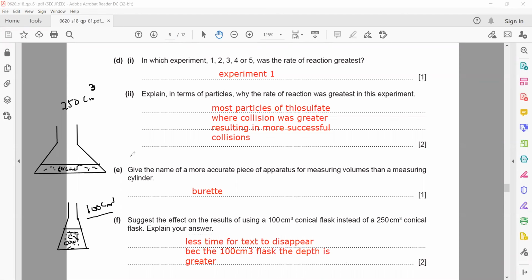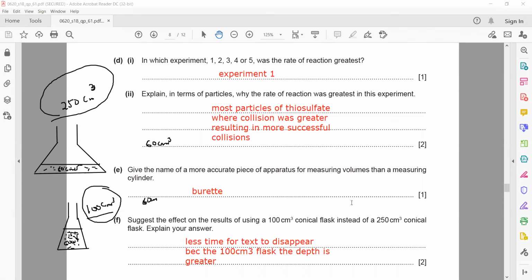In both reactions, you have 60 cm cube of the mixture in both of these conical flasks. One is a 250 cm cube conical flask, meaning the maximum volume it can hold, and the other is a 100 cm cube conical flask.